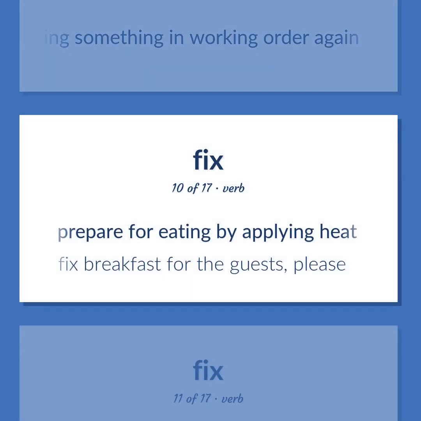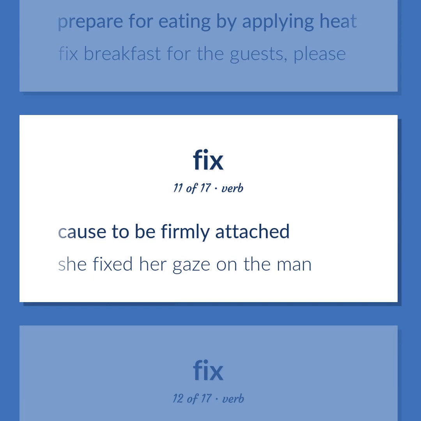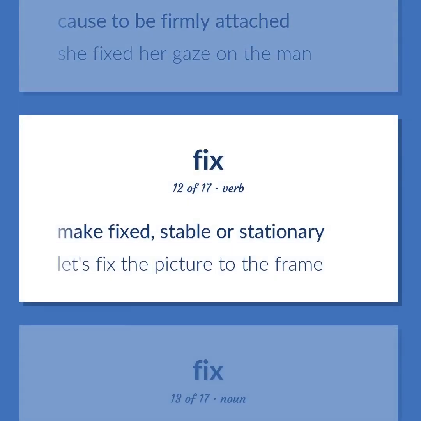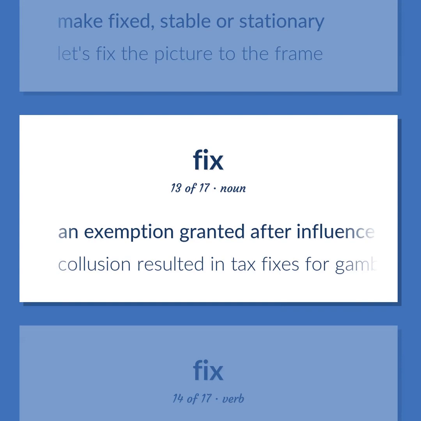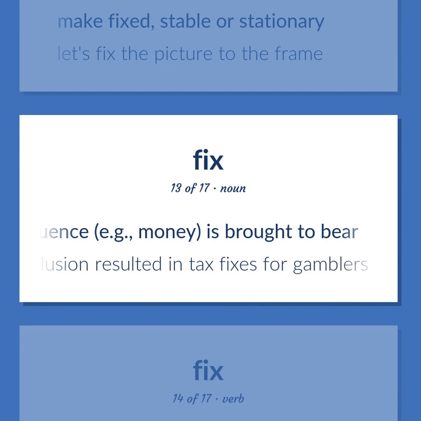Prepare for eating by applying heat. Fix breakfast for the guests, please. Cause to be firmly attached. She fixed her gaze on the man. Make fixed, stable or stationary. Let's fix the picture to the frame. An exemption granted after influence, e.g., money, is brought to bear. Collusion resulted in tax fixes for gamblers.